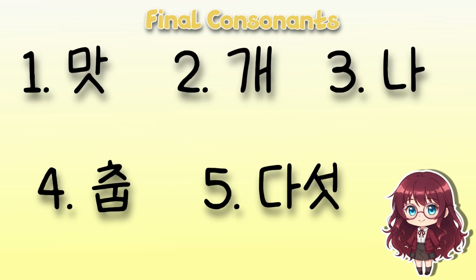Take a look at these words and write down which ones you think have padchim. I'll give you about 15 seconds and then reveal the answers. You can pause the video if you need to.